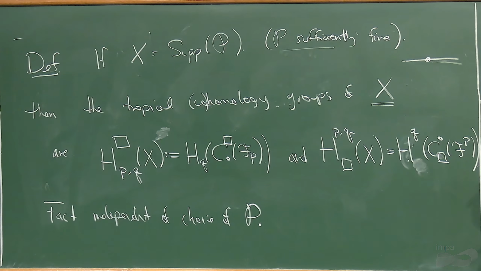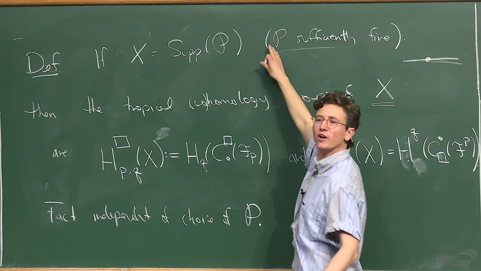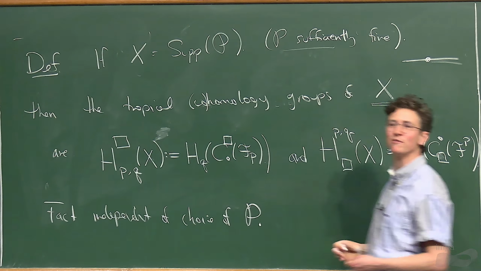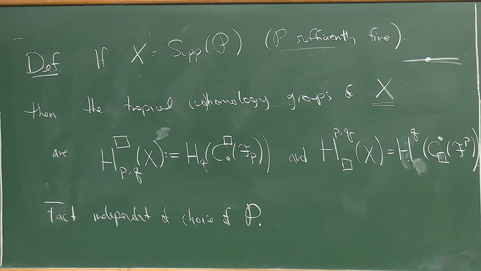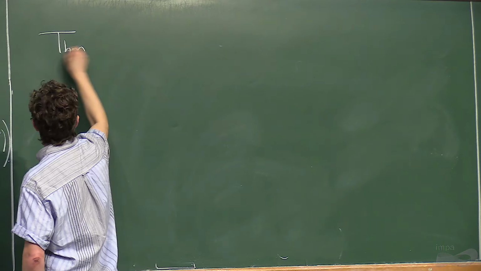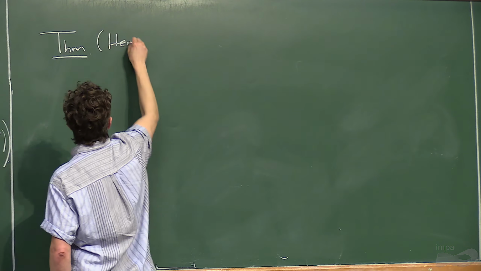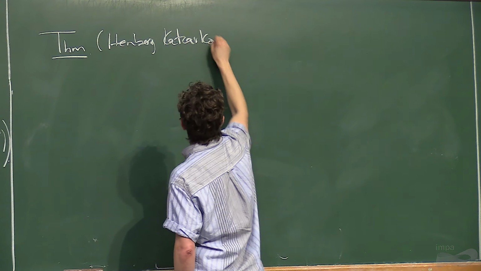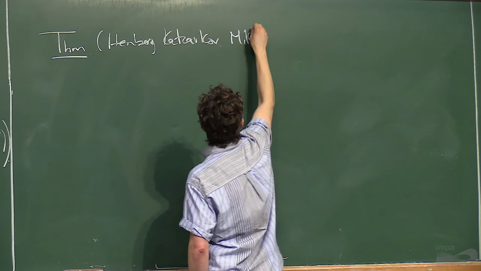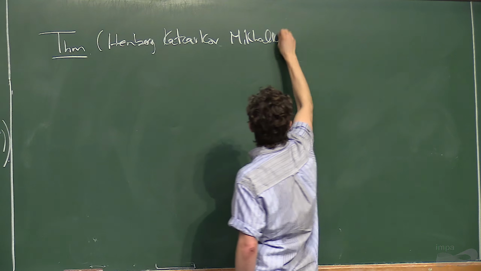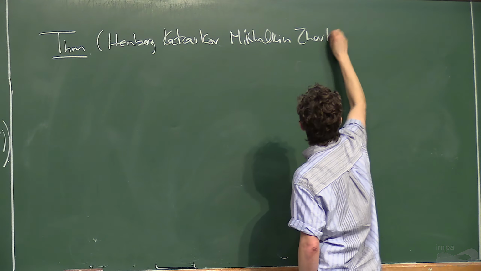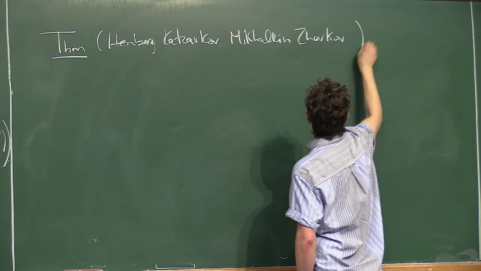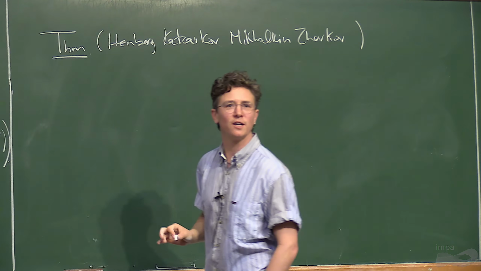So if your P is not good, subdivide enough and it will be okay. So this is a theorem of Itenberg, Katzarkov, Mikhalkin, and Zharkov, and I think it's from around 2016, but it was around a long time before that.